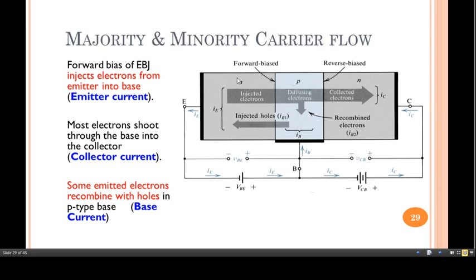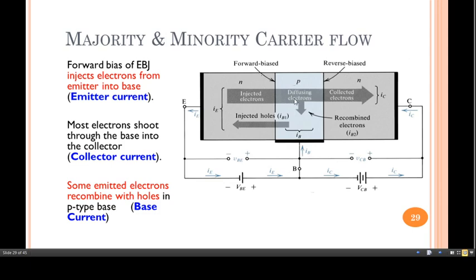Due to the forward bias of base emitter junction, or we can say emitter base junction, it will inject the electrons from emitter to the base, and this current is called IE.